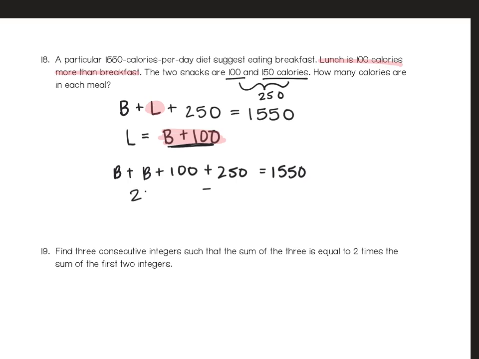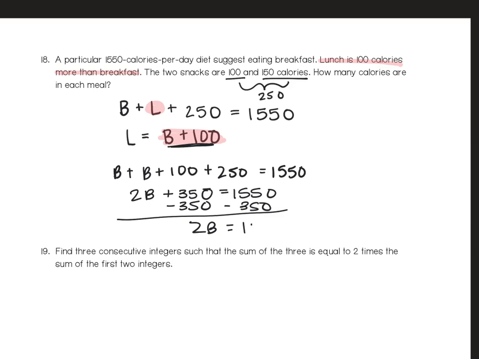So I have 2B plus 350 equals 1550. Subtract 350 from both sides. 2B equals 1200. And when I divide, breakfast is 600 calories, which means lunch is 100 more than that. It's 700 calories.